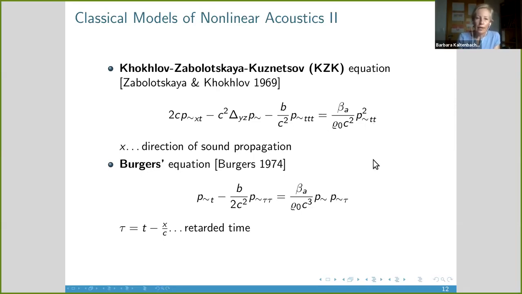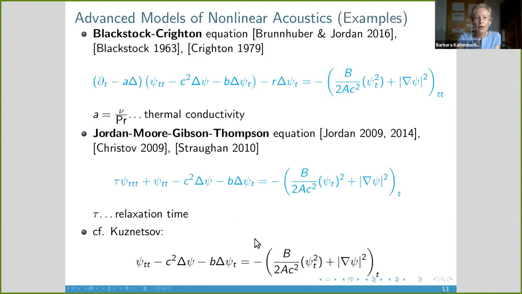And then another equation that is very well known from textbooks, and is very often used as an example for all kinds of phenomena, is Burgers' equation, which arises if we go to one single dimension in space. So the tau here is the retarded time. Actually, it's the viscous Burgers' equation because we have this damping term here.